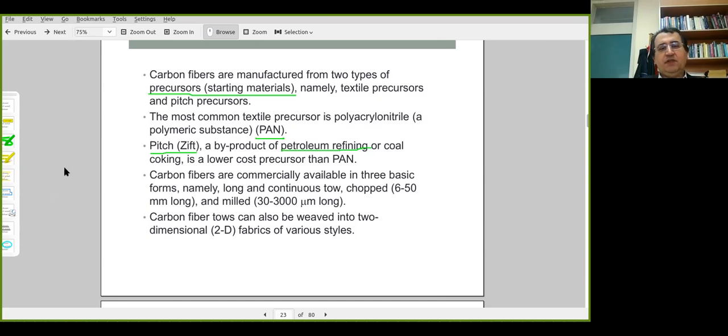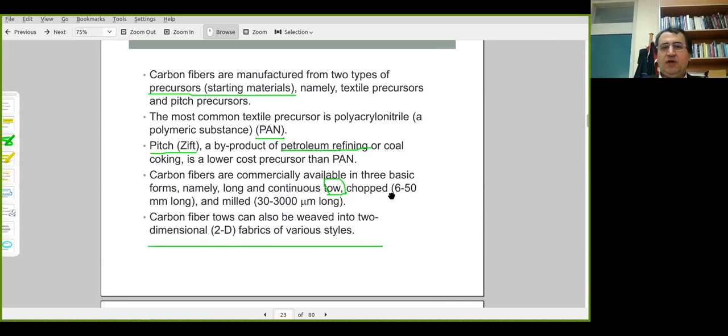And there are different commercially available forms. In nonwoven forms, these strands of carbon fibers are named as tow, and woven forms, fabrics of carbon fibers, are also available.